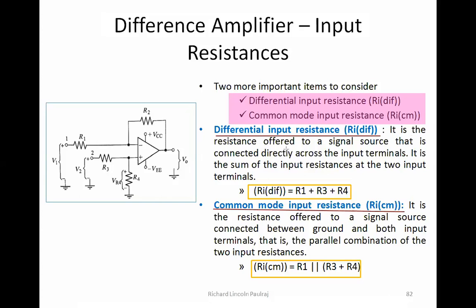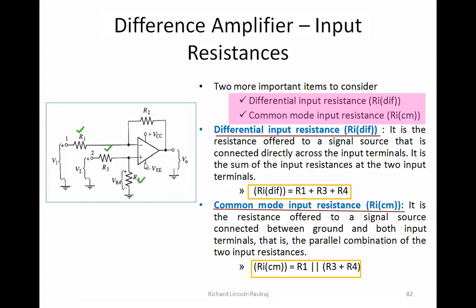It is the resistance offered to a signal source that is connected directly across the input terminals. The input terminals are here, inverting and non-inverting. So those resistances which are associated with the inputs: I have R1, R2, R3, and R4. These are the resistances associated with my inverting and non-inverting terminals.